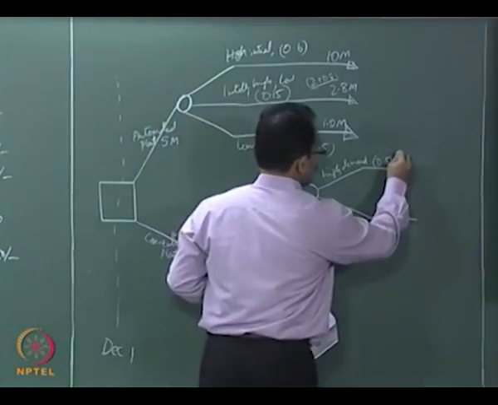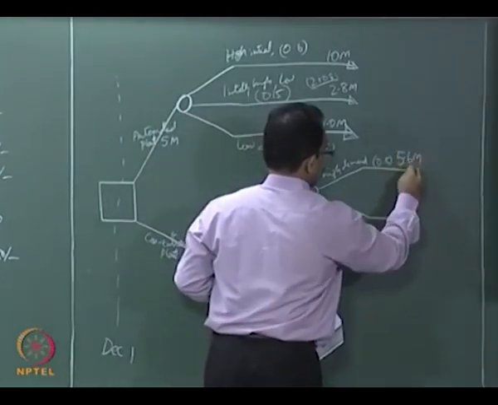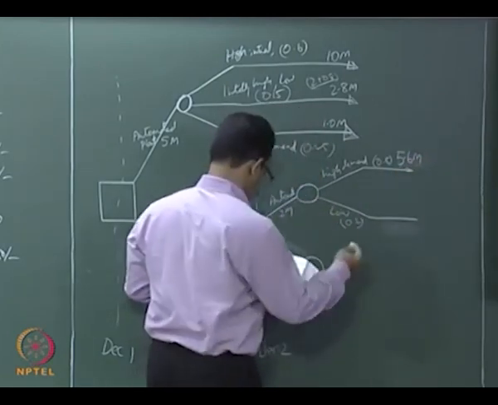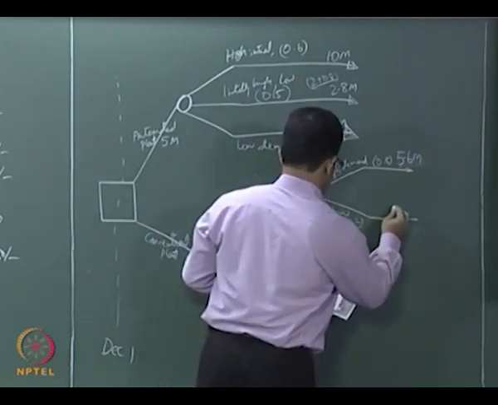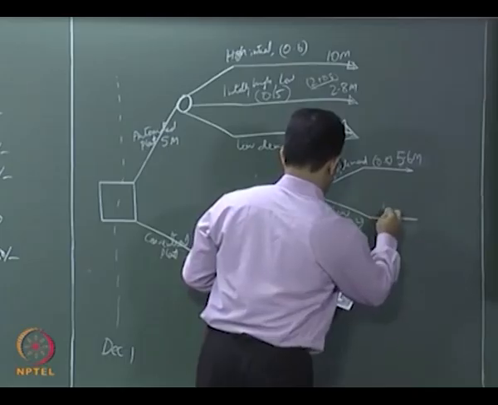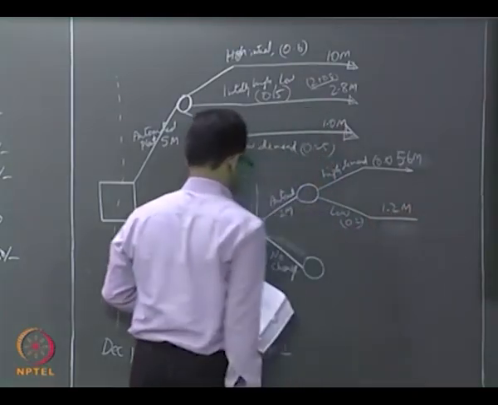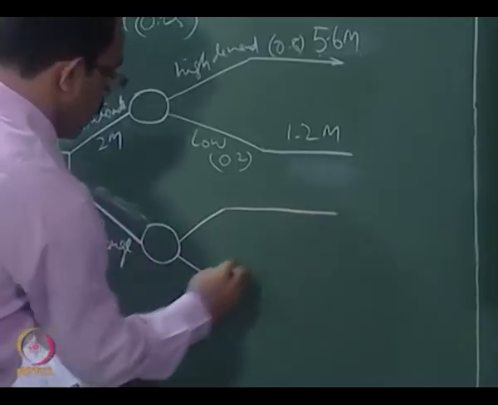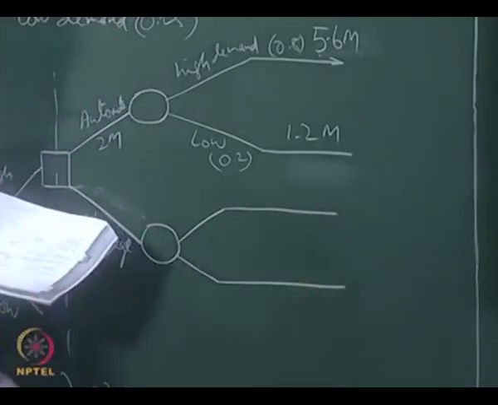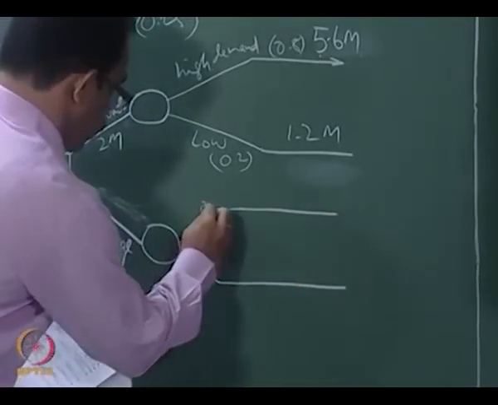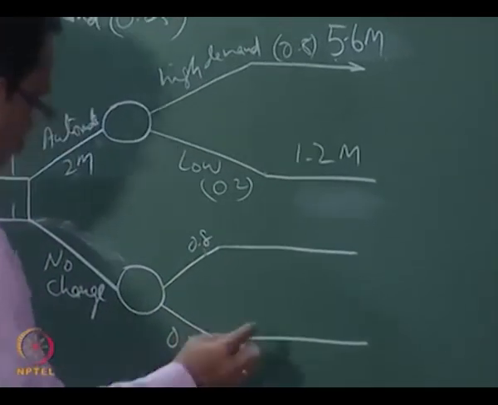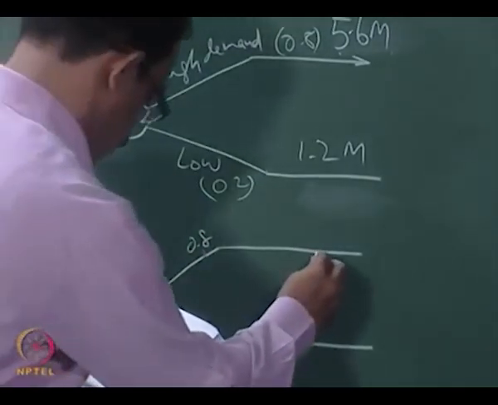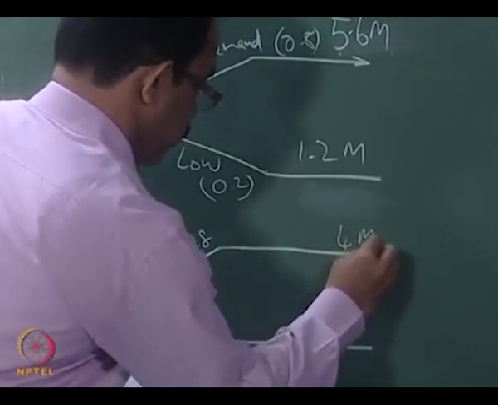This will be 5.6 million revenue, and this will be 1.2 million, and similarly here also you will be having high and low, again the possibility is 0.8 and 0.2 high and low, but here the revenue will be 4 and 3.2.